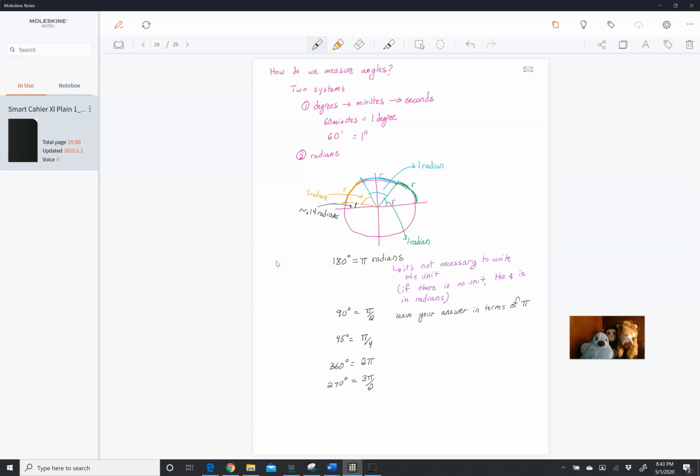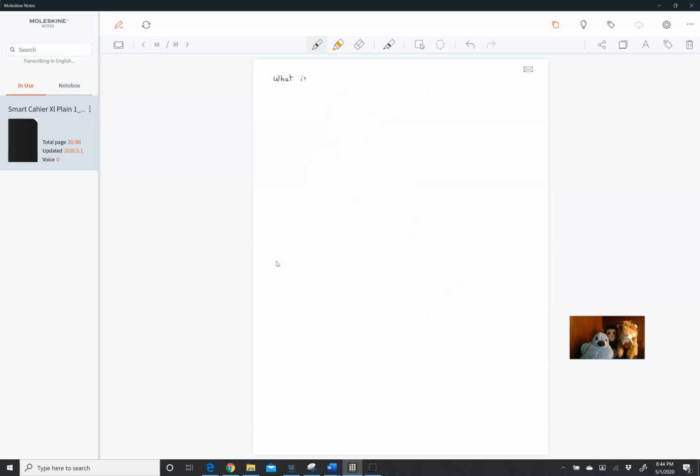Okay, but it's not always this simple, right? Because what if we wanted, for example, 35 degrees in radians? Now this is a little bit harder because 180 degrees is pi.